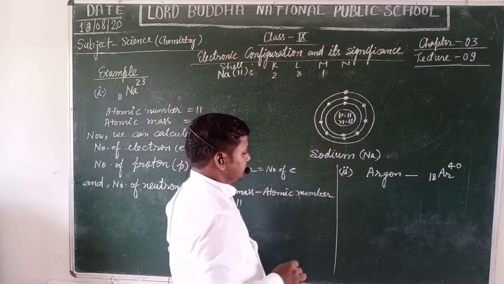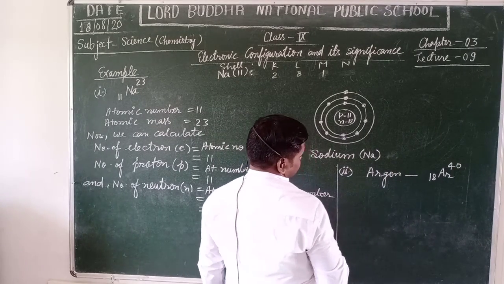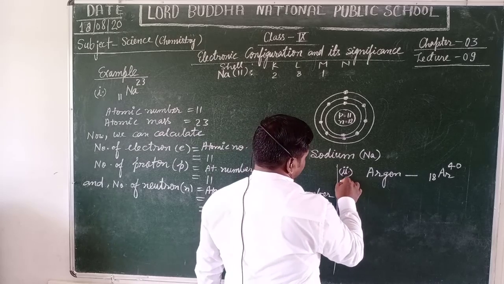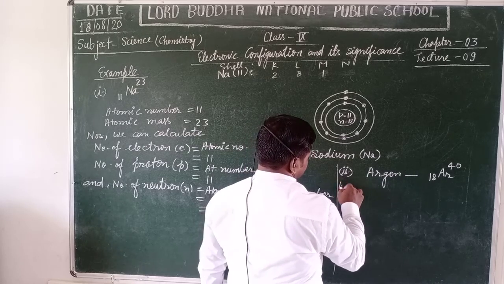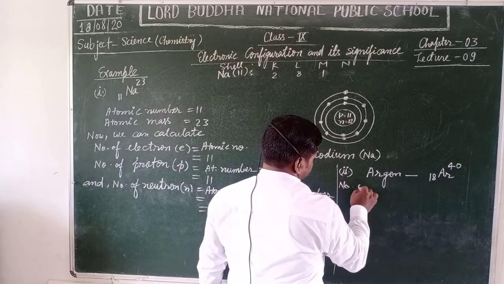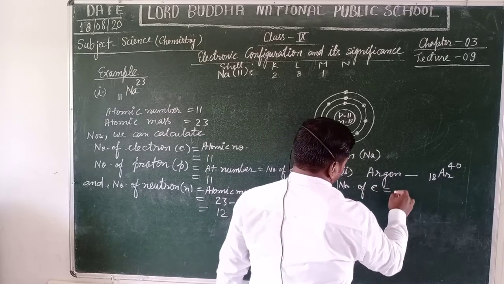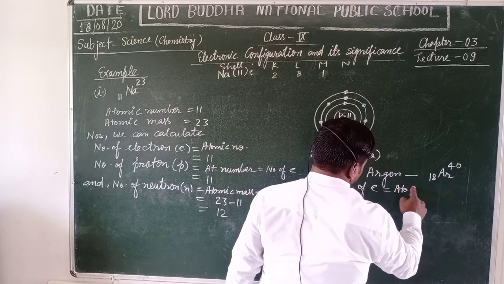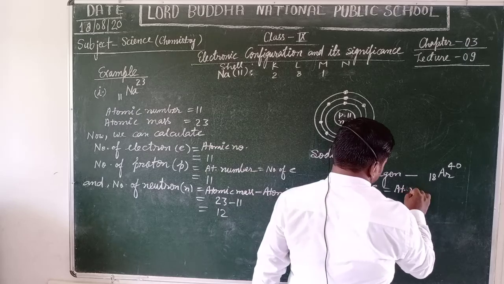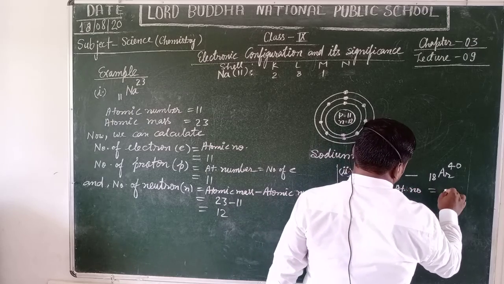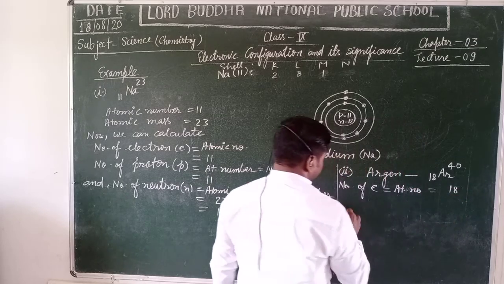Now students, we can calculate the number of electrons, protons and neutrons. Number of electrons is equal to atomic number, which is 18.